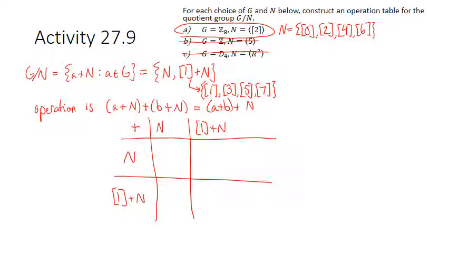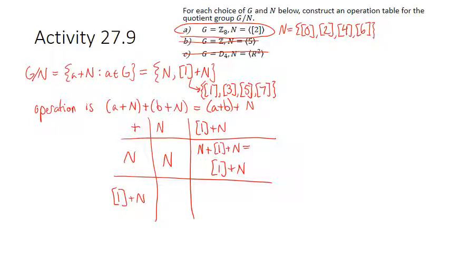Okay, so what do I get if I add n plus n? So that is just going to be n again. If you think about adding any of the elements in n to the elements in n, you are still getting all of the elements in n again. And then if I do n plus 1 plus n, that is actually just going to be 1 plus n again.